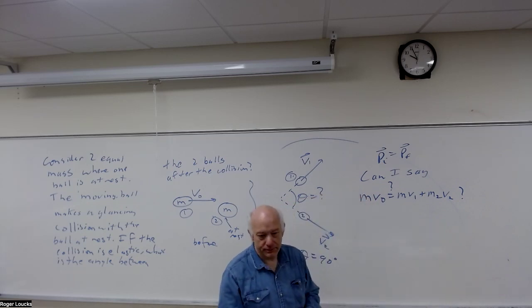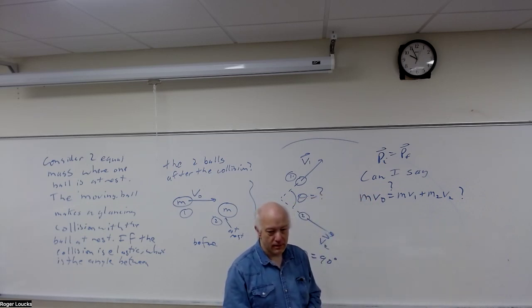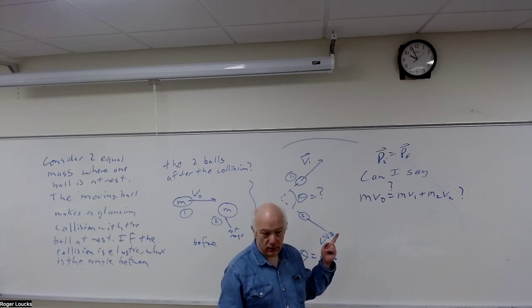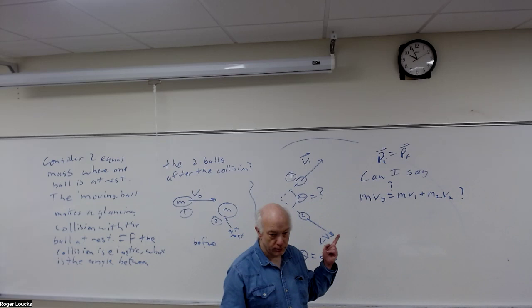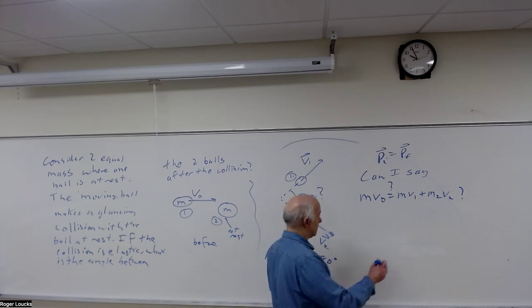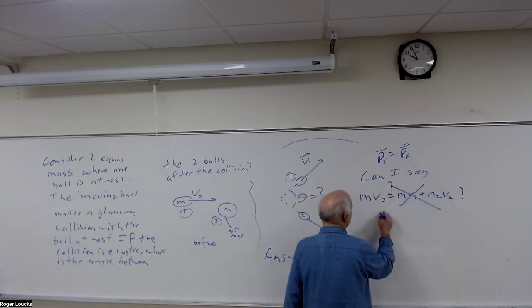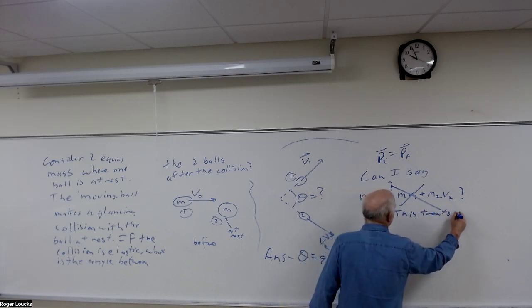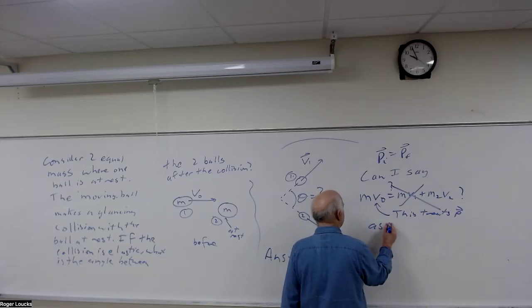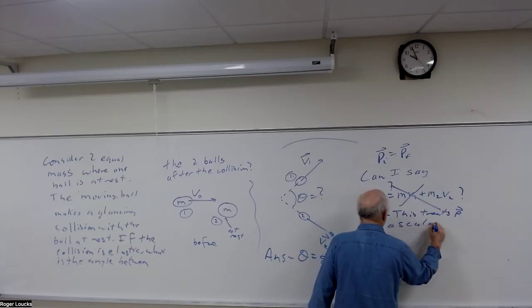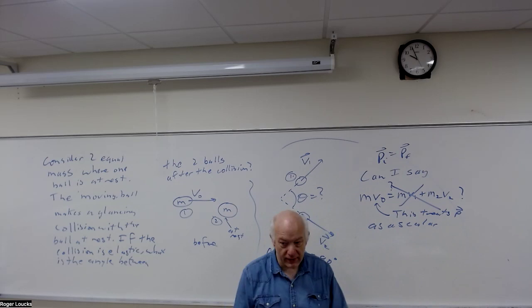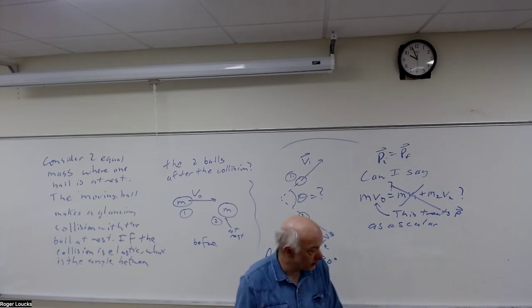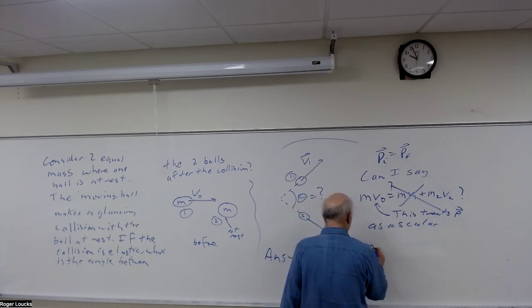Can I say that? How come? What would this treat the momentum as? It's as a scalar. So this is fundamentally wrong. This treats P as a scalar. Okay, what little thing can I do to that equation and then have it correct? You need your vector arrows. So you need those vector arrows on it. Okay. So I can say this is completely true.